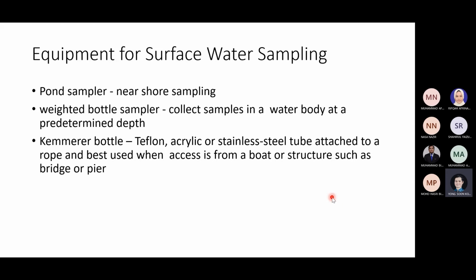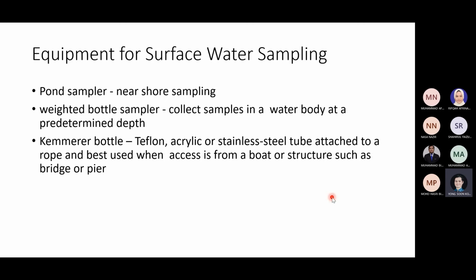But overall, the Kemmerer bottle and Van Dorn sampler, as well as a weighted bottle sampler, can be lowered down using a rope tied to it. So you can say the depth where they can operate is limitless, depending on how deep you want to collect the water sample.